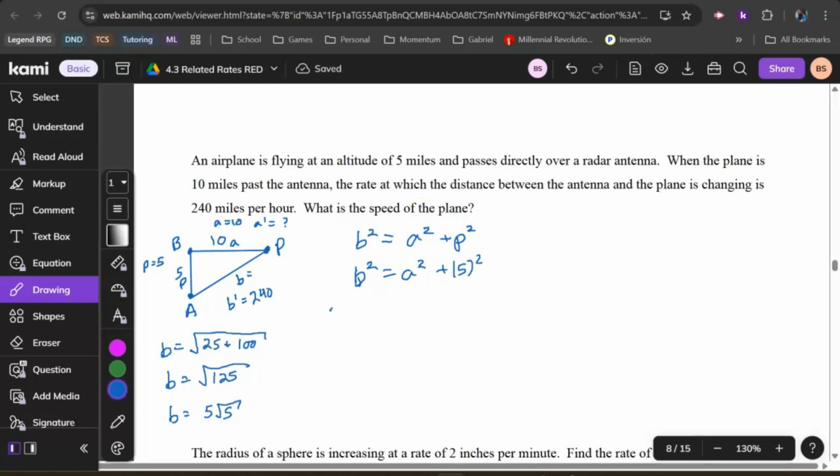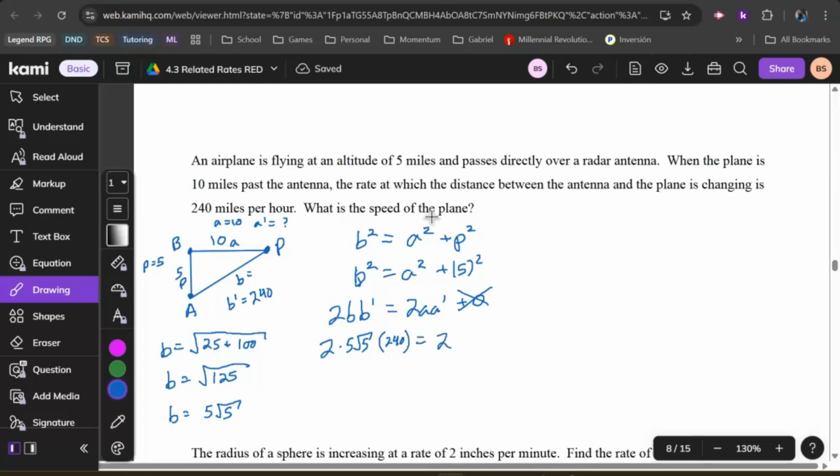Then we can differentiate. So we get 2BB prime equals 2AA prime plus 0. So that just goes away. All right, now we plug in what we know. So if we look at this here, we know that B is 5 root 5. B prime is 240.